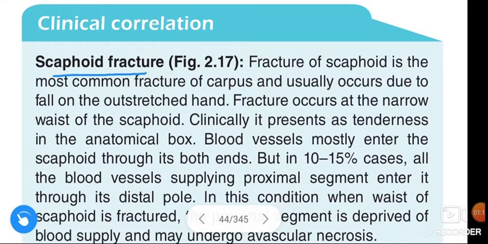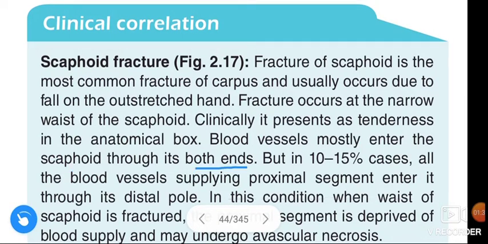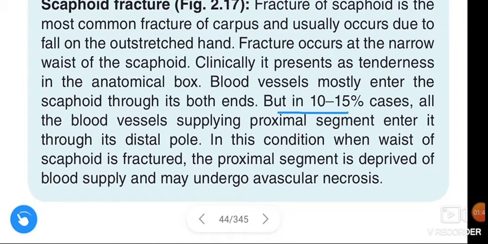Scaphoid fracture. The fracture of scaphoid is the most common fracture of carpus and usually occurs due to the fall on the outstretched hand. Fracture occurs at the narrow waist of the scaphoid. Clinically, it presents as tenderness in the anatomical box. Blood vessels mostly enter the scaphoid through its both ends, but in 10 to 15% cases, all the blood vessels supplying the proximal segment enter it through its distal pole.